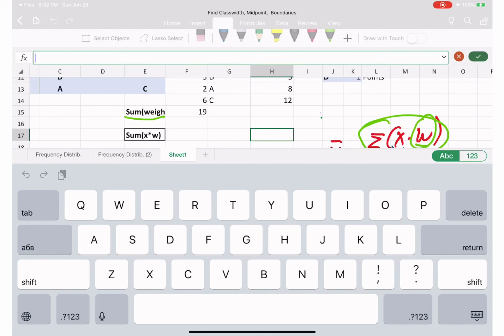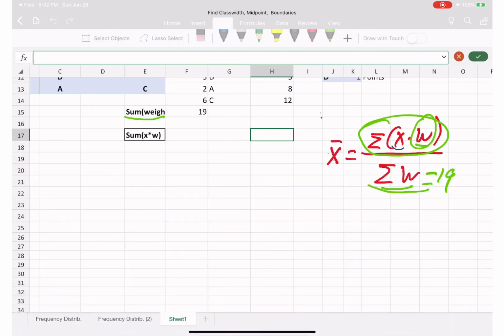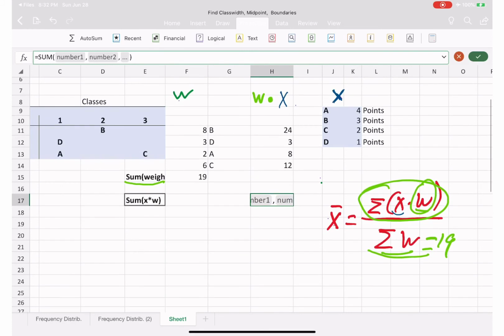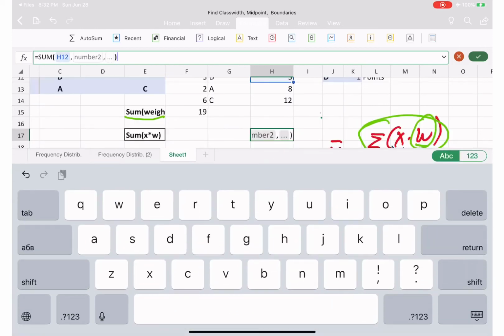Actually, I'm going to take a formula. Auto sum. This, and the last one, it's gonna be this. This is my Mac.